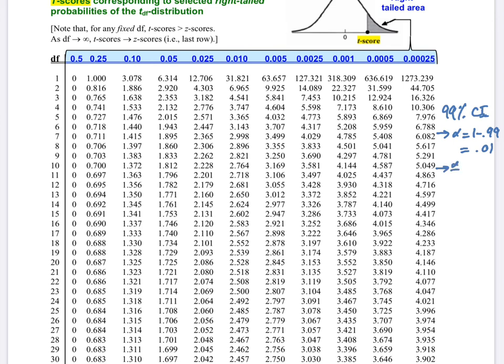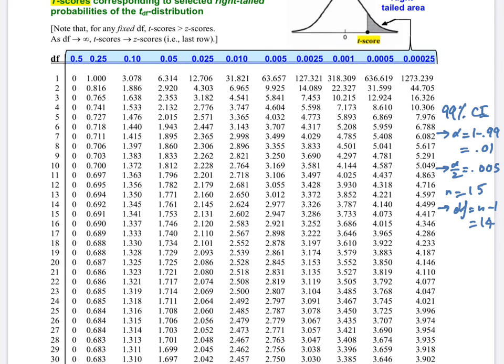So alpha over 2 is 0.005. Suppose we have a sample of 15 observations, so the degrees of freedom is n minus 1, which is 14.